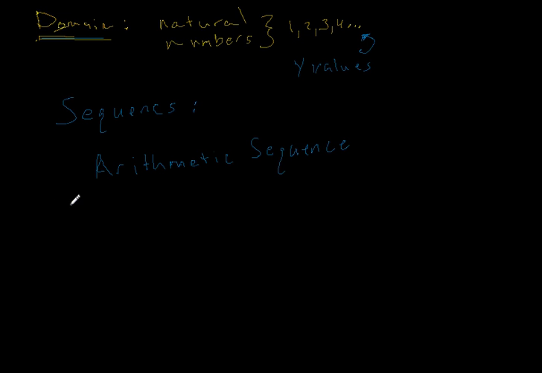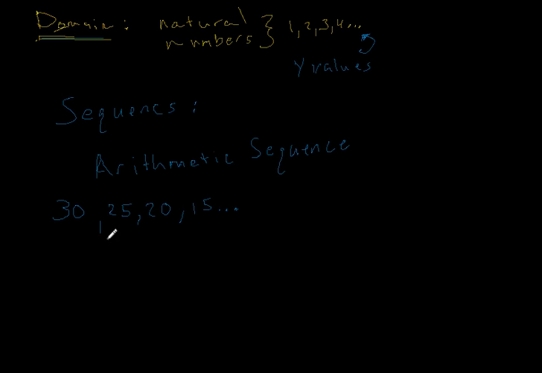So here's our first function or sequence that we're going to think of as a list. Let's say that I have the values 30, 25, 20, and 15. And then again, so forth.